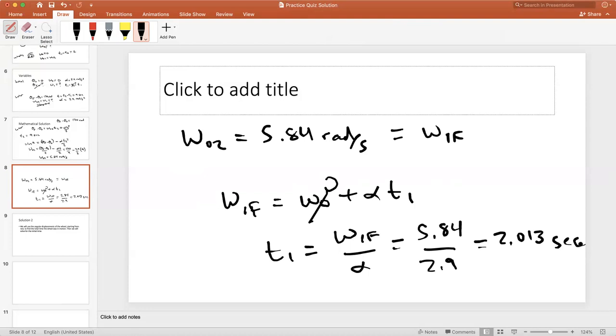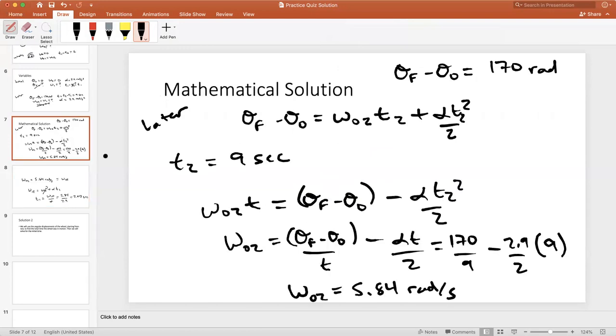Okay, so to go back through this, what we had to figure out was what the initial angular velocity was when we began to measure our angular displacement of 170 rads. In order to do that, we solved this equation and found that that was 5.84 radians per second.